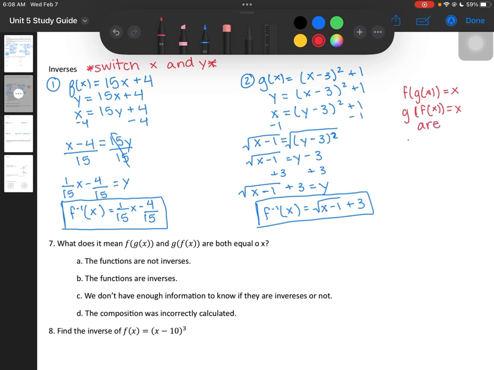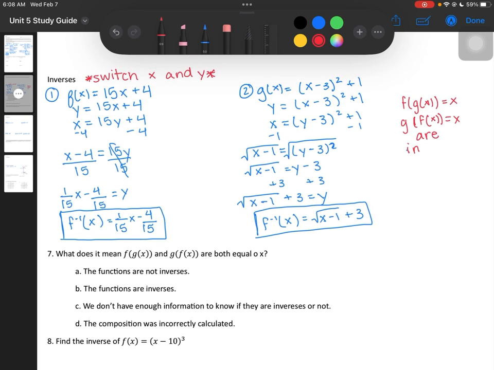So those are the two conditions that we have to meet. If we compose them and one of them does not equal x, we don't even need to try the other one because we know that it's not an inverse.